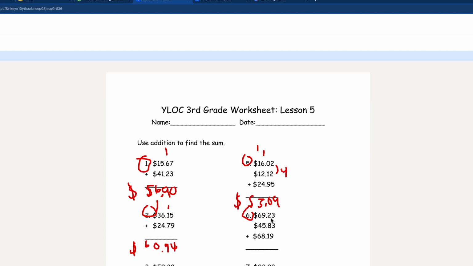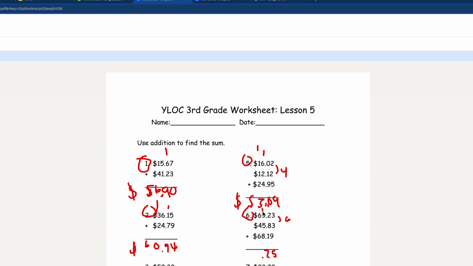Number 6, 69.23 or $69.23 plus $45.83 plus $68.19. So start off the cents here is 3 plus 3 is 6 plus 9, and that should equal a 15. Carry the 1. 1 plus 2 is 3 plus 8 is 11 plus 1 is 12.